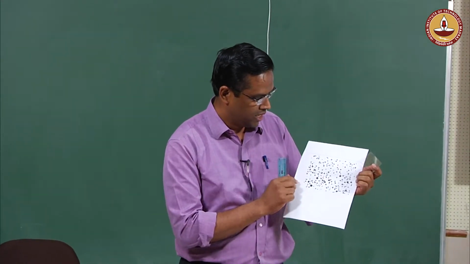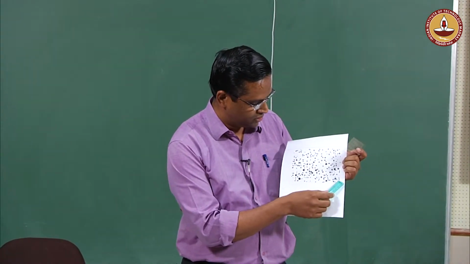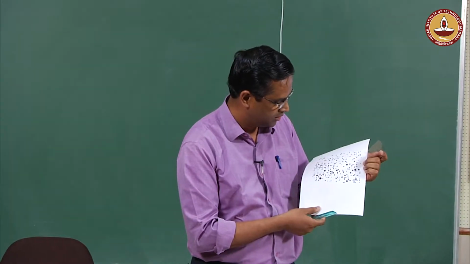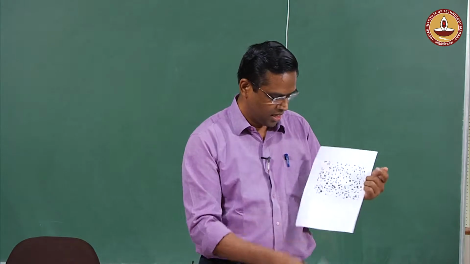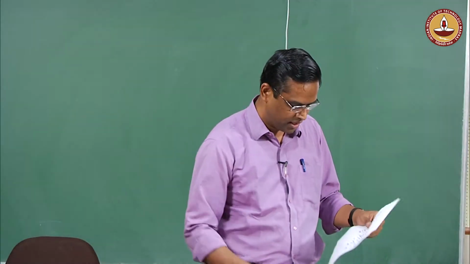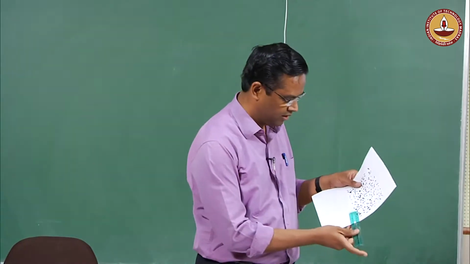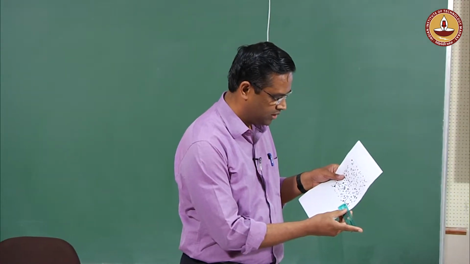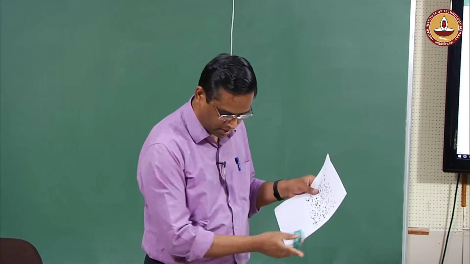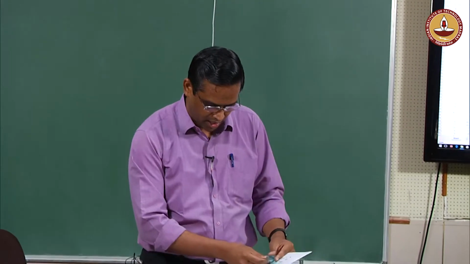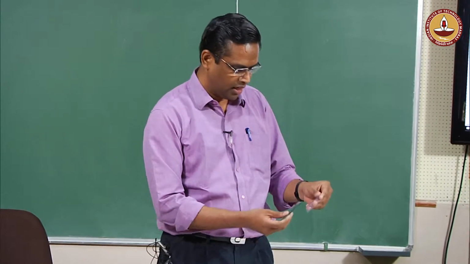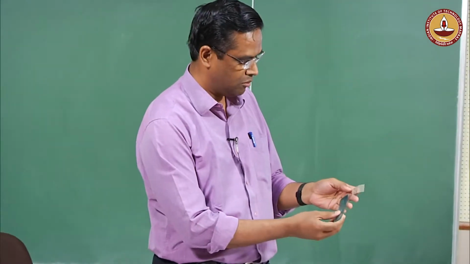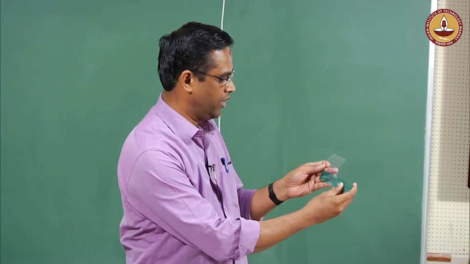microstructure. Okay. So, the micron marker which is shown here is about 200 micron, this length. And if you measure it with the scale, this is about 17 mm, and if you also measure the grid lines, this is about 51 mm.